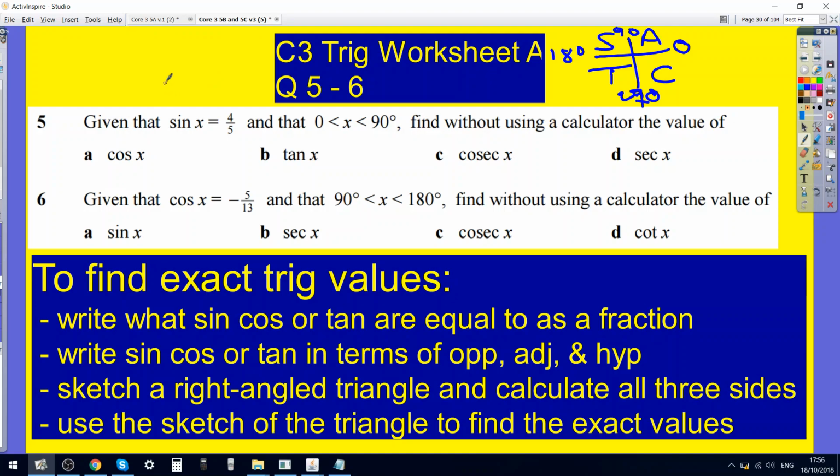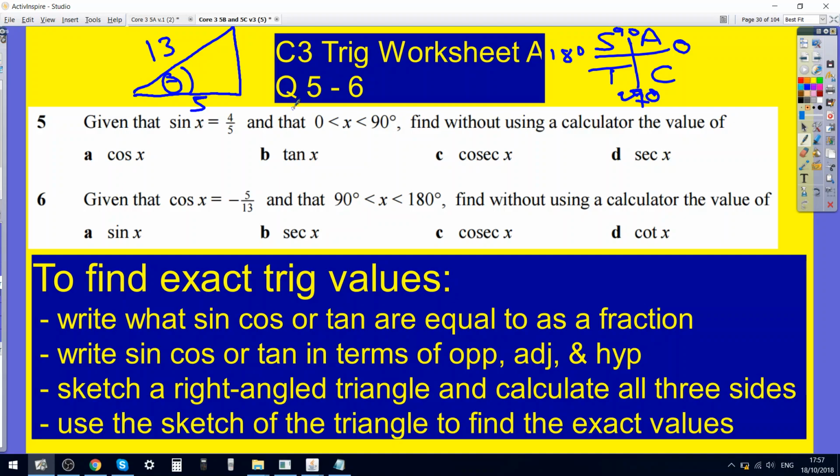And then, where does the minus 5 over 13 go? Okay, so cos, you said, is adjacent over hypotenuse. What's the adjacent? What's the hypotenuse? Minus 5? And so it'll just be 5. And 13 is the hypotenuse. Then sine is opposite over hypotenuse, so it would be something over 13.